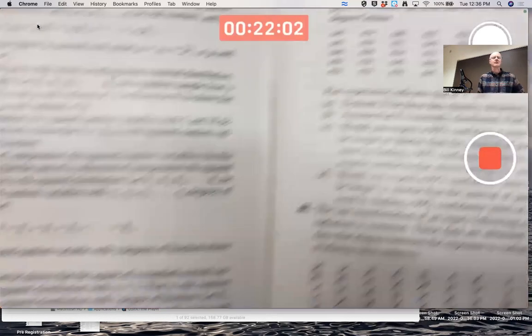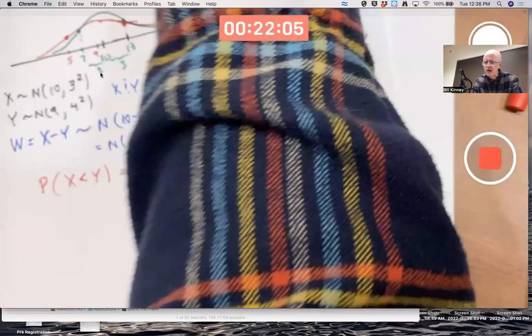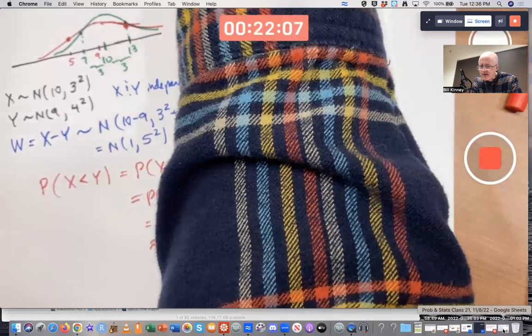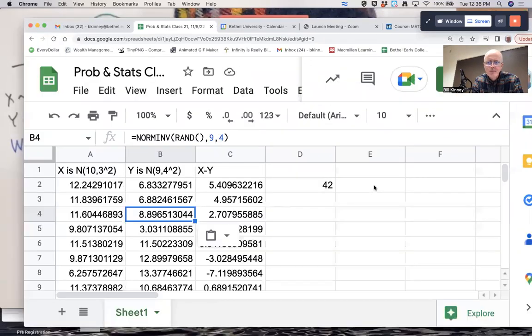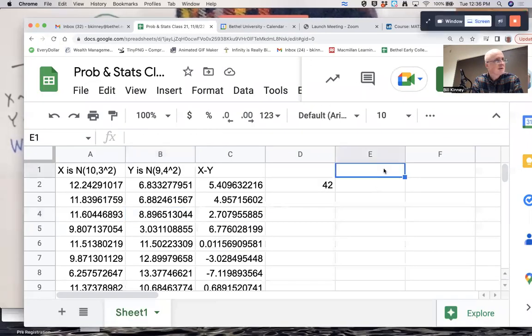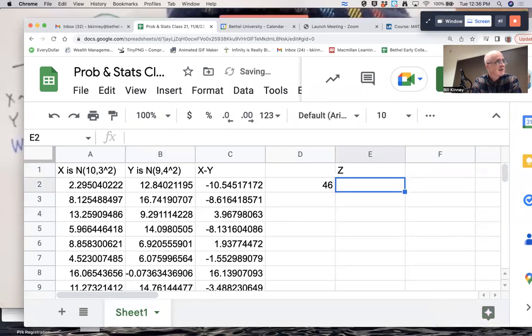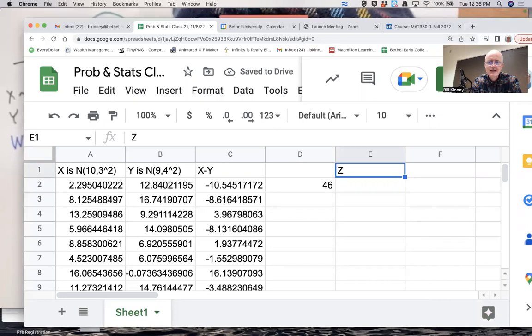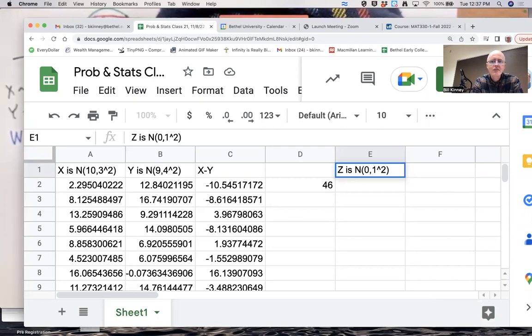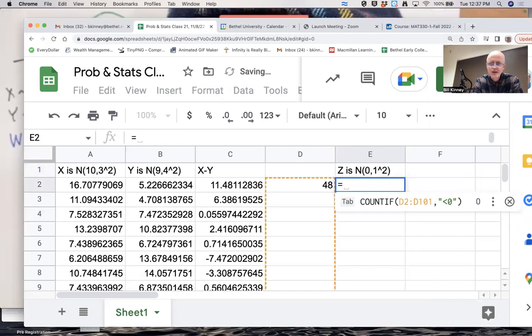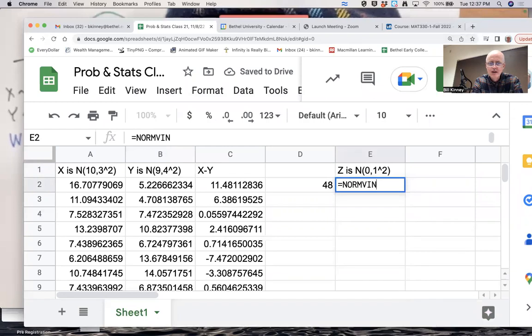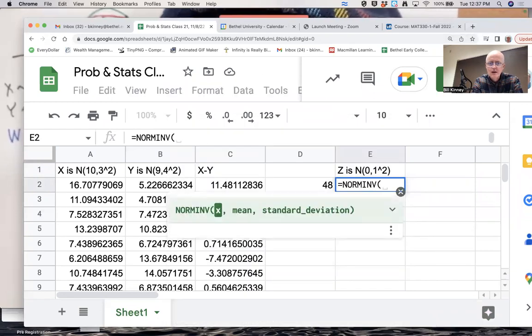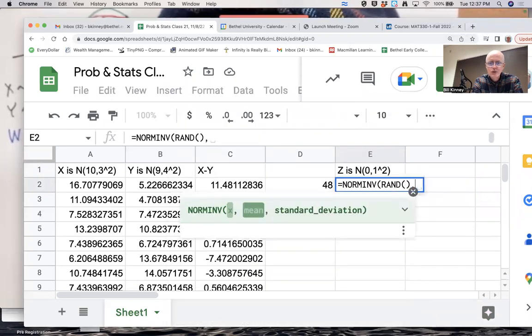Actually, I haven't tested this with a spreadsheet before, but let's see if it's possible. Let's generate some z values. Z is normal, mean 0, variance 1. I could do the same kind of thing with the NORMINV, RAND, but now do 0, 1.